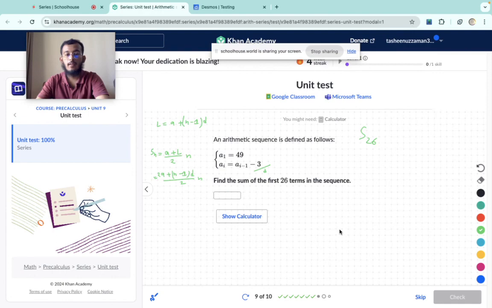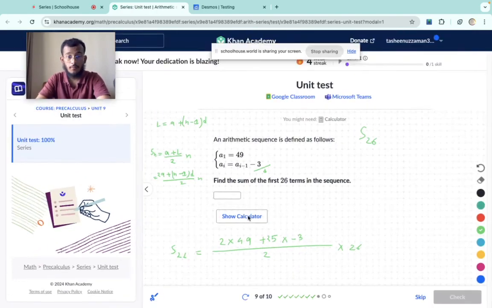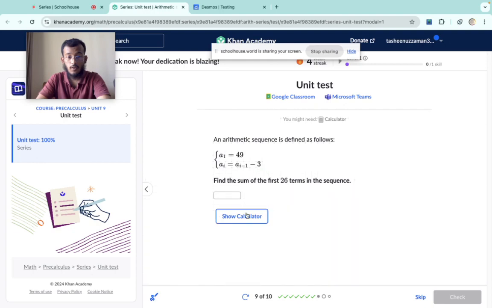So S sub 26 equals 2 times a, where a is 49, plus n minus 1, which is 25, times d, which is negative 3, over 2, into n, which is 26. This should be our answer.